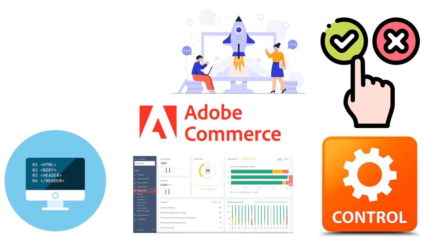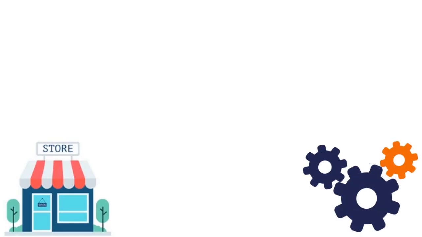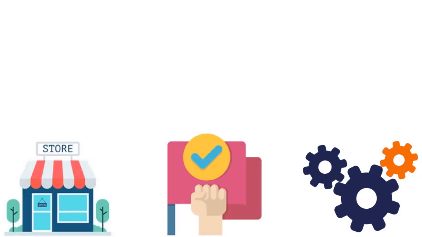It is actually open source, so you must host it and handle all updates and maintenance. But it also gives you more control over your store, allowing you to customize virtually every aspect of the design and functionality. So you have more control, more autonomy, more independence.